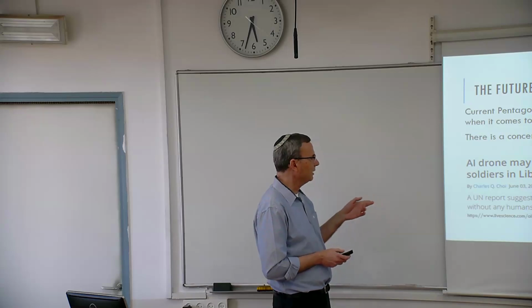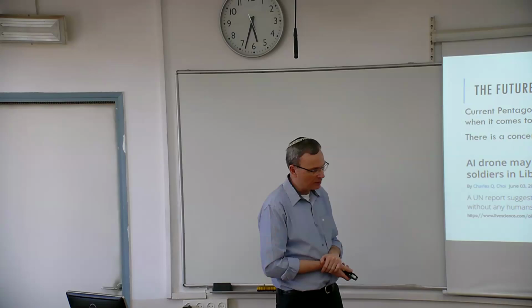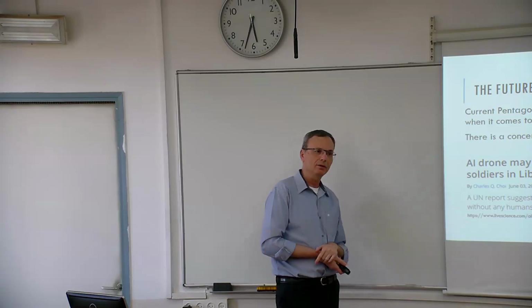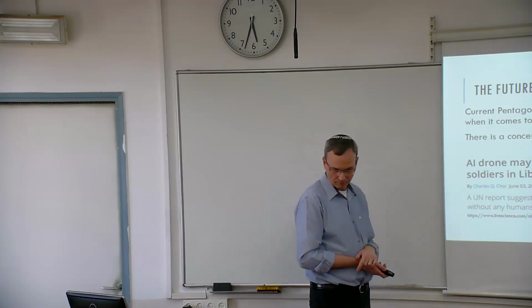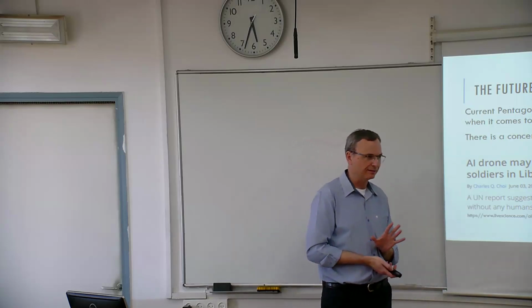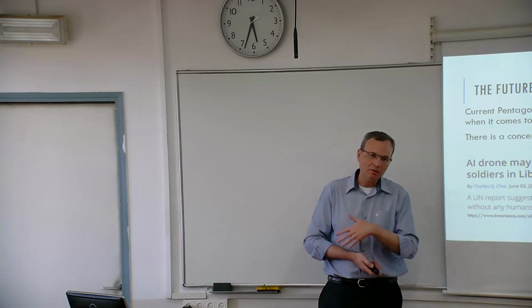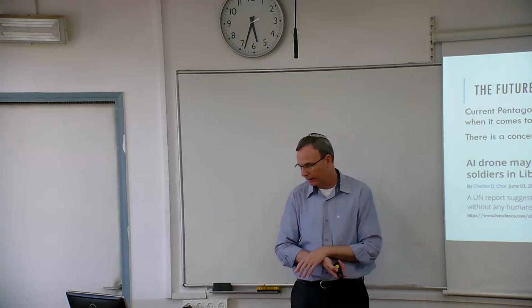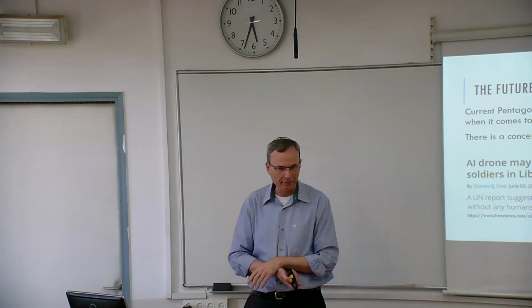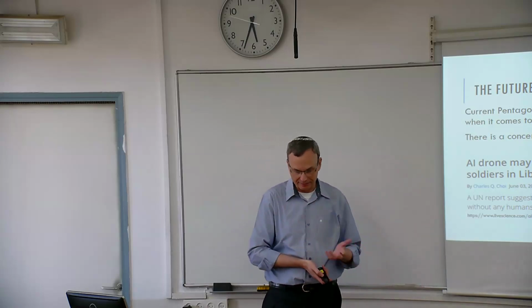And here we are speaking about a drone called Kargu-2, which is manufactured in Turkey. Okay? So this is not the future. This is the present. It's already happening. And of course, we'll see more and more of this in the coming years. And I'm not speaking about 20 years, I'm speaking about 5 years.